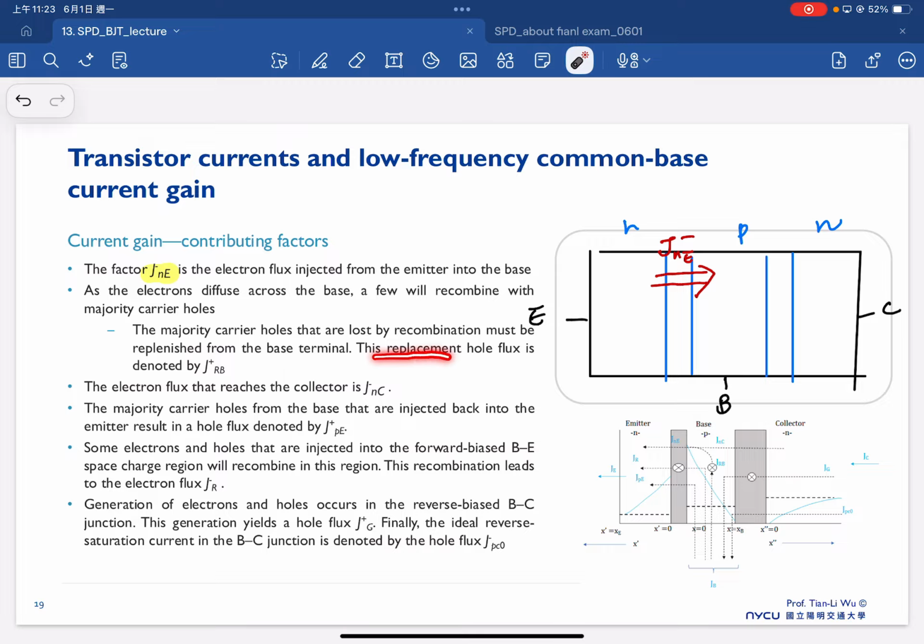This replacement hole flux is denoted by JRB.